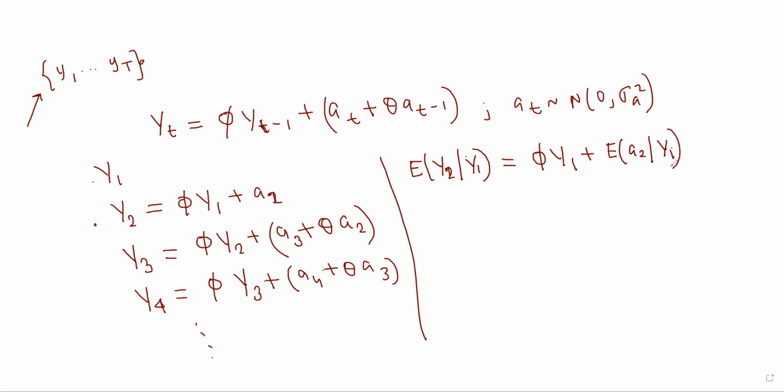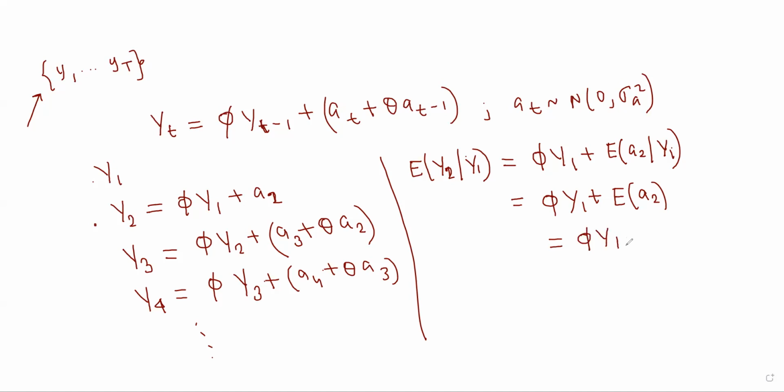But A2 is today's randomness. Conditioned on what happened in the past, it is simply the expectation of A2. It's independent of the past, and that is 0. So this is simply phi Y1.